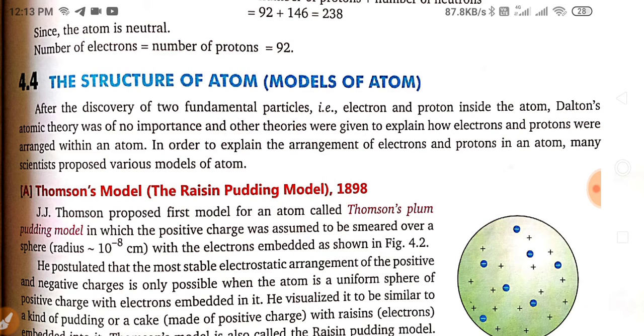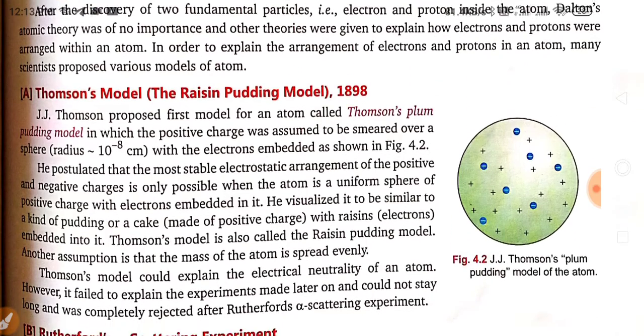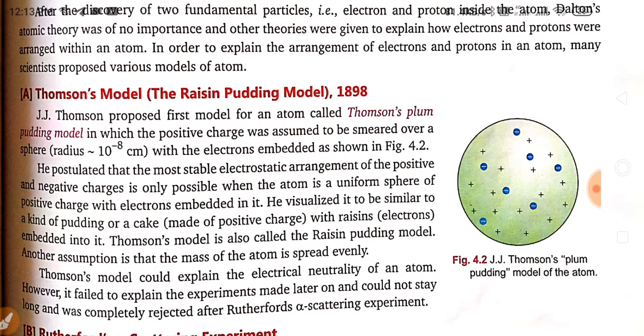The first model was given by J.J. Thomson, and it is known as Thomson's model, or the plum pudding model, which was given in 1898. You already read about it in class 7th or 8th.